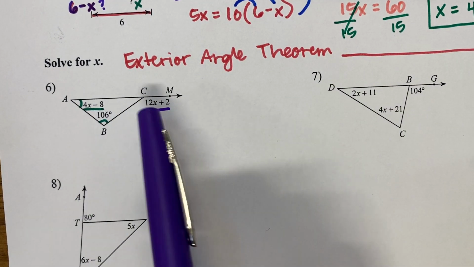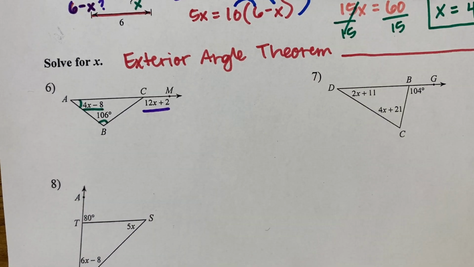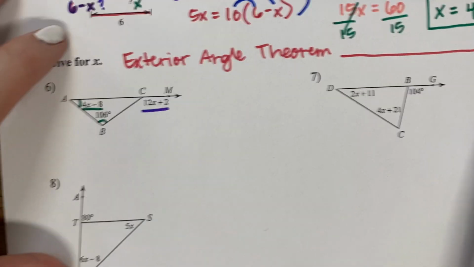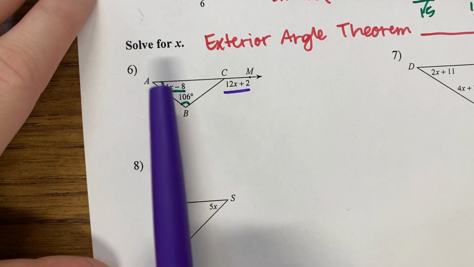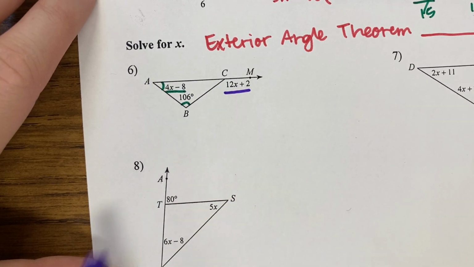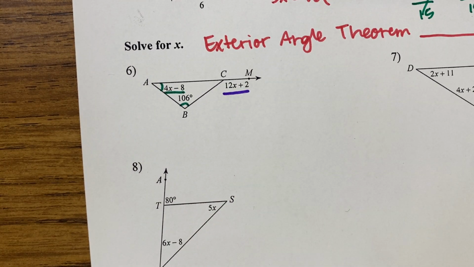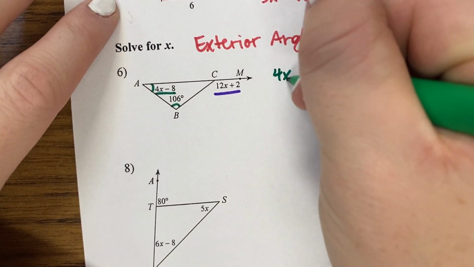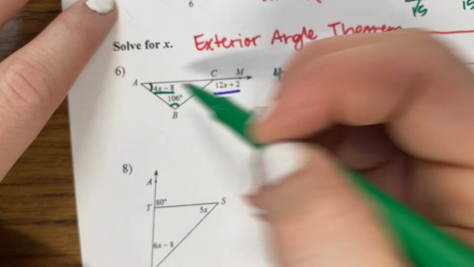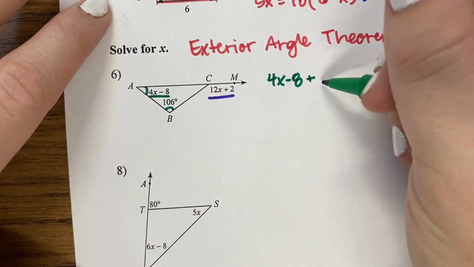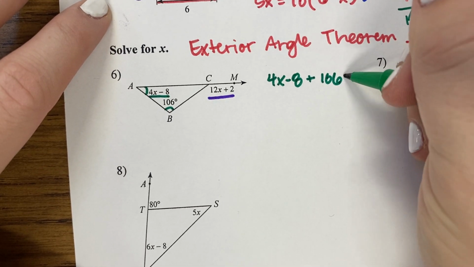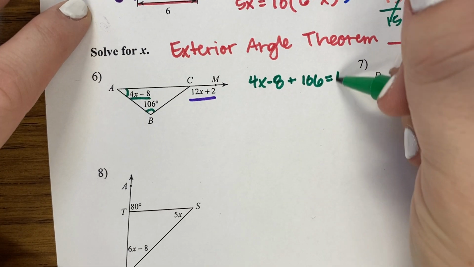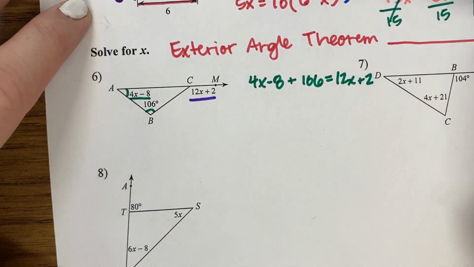Now, you see some x's thrown in there. That's okay. We're going to set it up just like over here. A plus B equals C. So we have 4x minus 8, that whole angle, plus the other interior angle, 106, is equal to 12x plus 2.